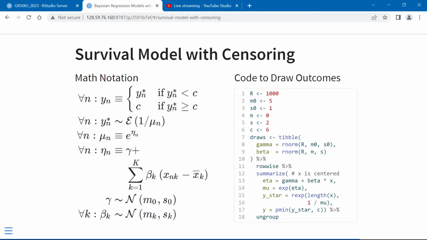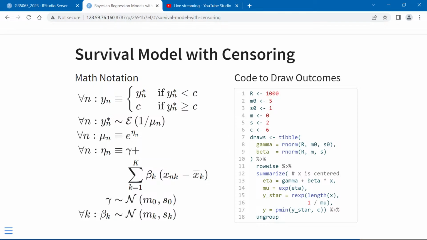But this is not a count either. You can die at any time, even though the data might be recorded to the nearest day or something. In principle, it's a continuous thing. So again, eta, and consequently gamma and beta, which are in units of eta, are less interpretable.